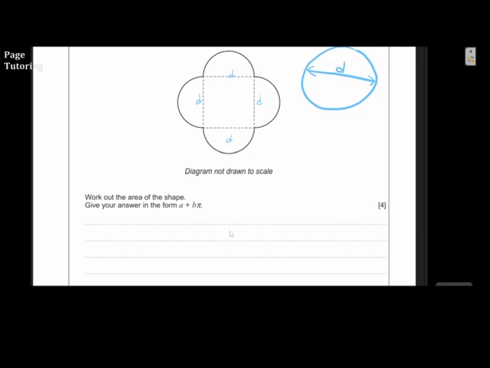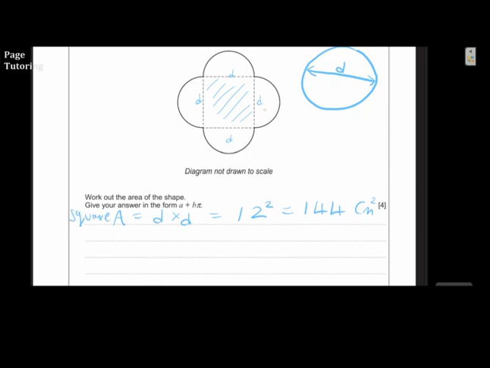For the square, now we know what the sides are worth. For this inside square bit, we know that the area would be d times d, which is 12 squared, which is 144. Okay, so we have the area of our square now.